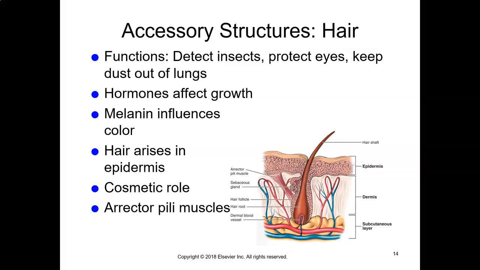Our hair arises in the epidermis, plays a cosmetic role, of course, and it's called the erector pili muscles that control that hair. And they cause the hair to stand up. These muscles cause the hair to stand up. And the hair follicle is surrounded by epidermal tissue.